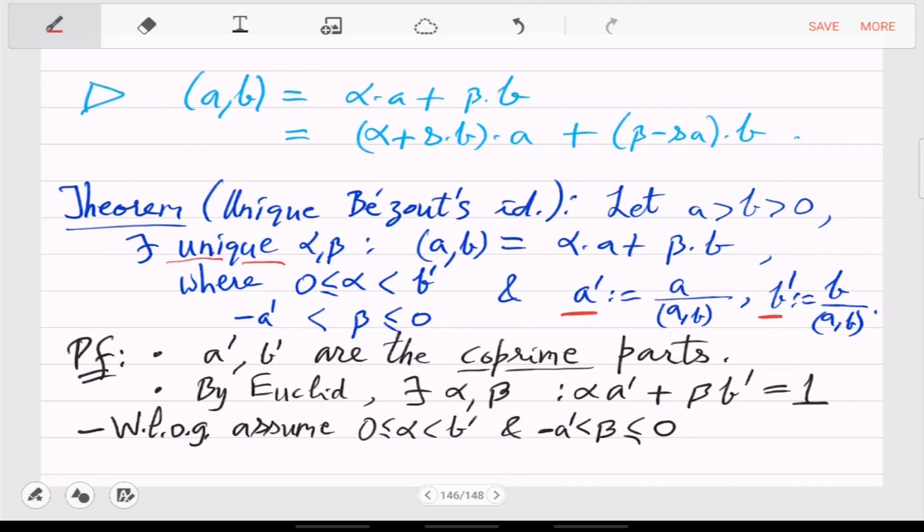So by doing this repeatedly, you can make sure that alpha is smaller than b prime and beta is smaller than a prime in magnitude. That is what we are doing here by this reduction.